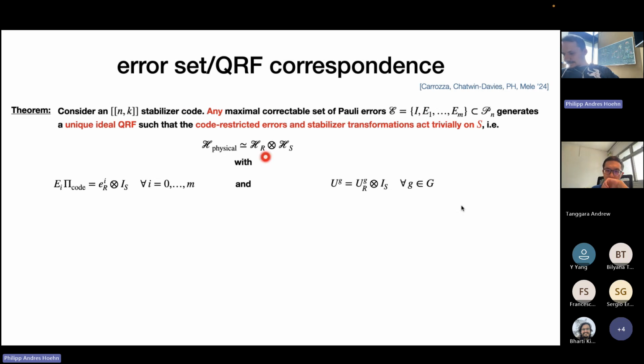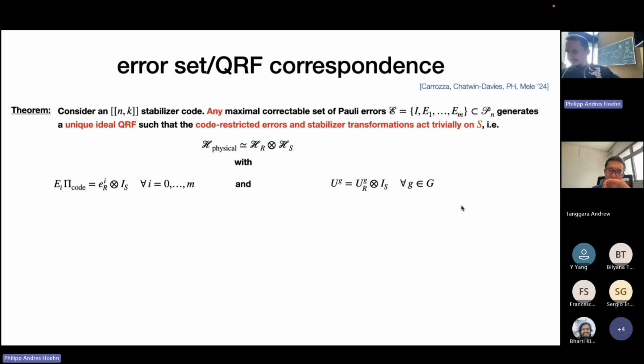So such a frame is basically a factorization of the physical space into a frame tensor H_S. I should emphasize that this tensor product in general is not going to be the same as the original one of the physical space we started out with. It's in general going to be a very non-local one in terms of the original one.